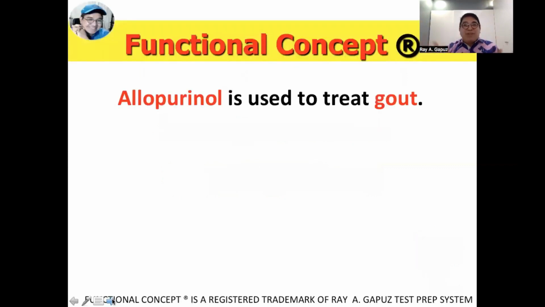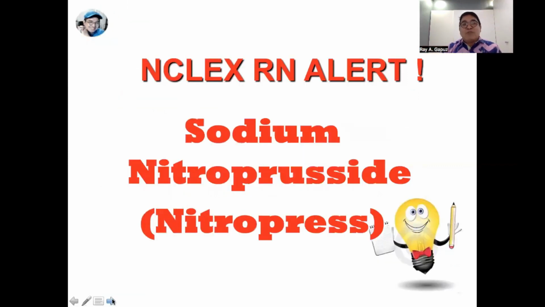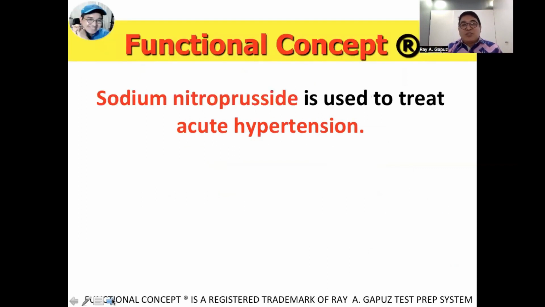Next, remember, allopurinol is used to treat gout. And then, of course, you have your sodium nitroprusside or nitroprusside. It's a vasodilator. So this medication is used to treat acute hypertension. And remember, it's only administered through IV infusion.